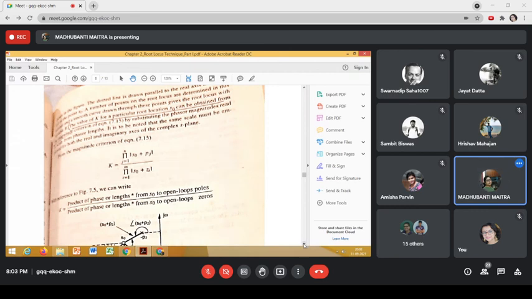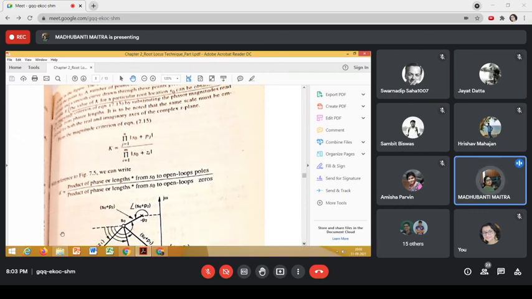So in essence, the value of gain k at a particular point on the root locus is the product of phasor lengths from S0 to open loop poles divided by the product of phasor lengths from S0 to open loop zeros.